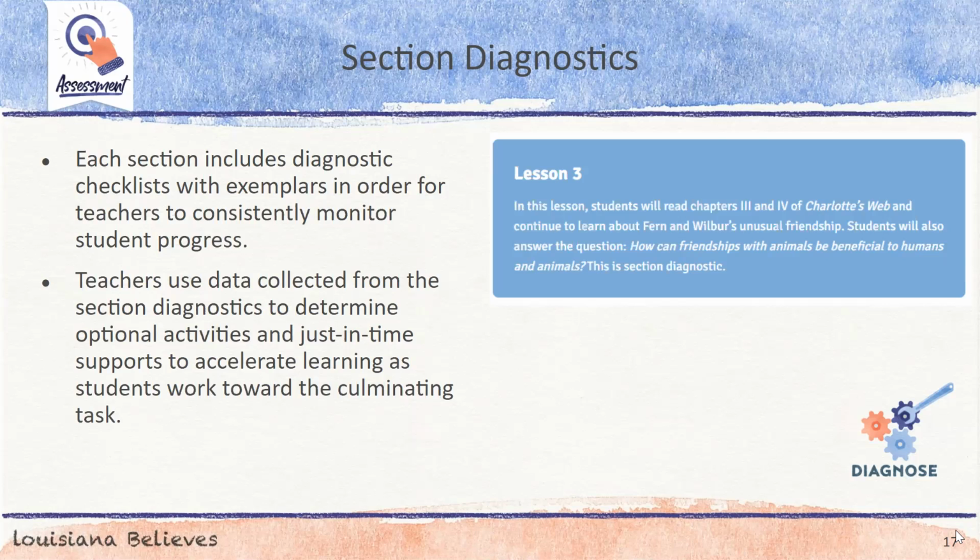Take a moment to refamiliarize yourself with the section diagnostic from section 1 of Because of Winn-Dixie. We looked at this earlier in the evaluation plan, but I'm going to give you a moment to just relook at that piece.